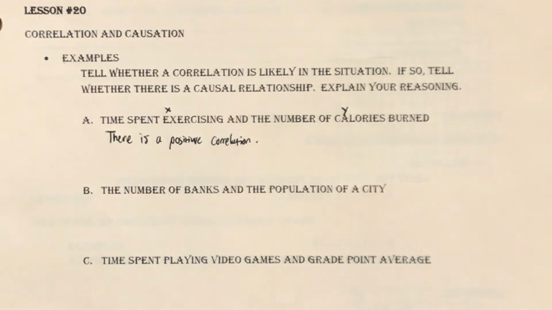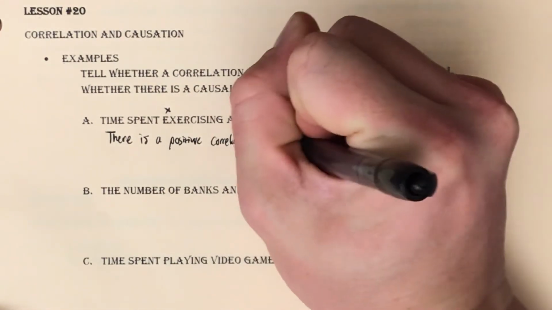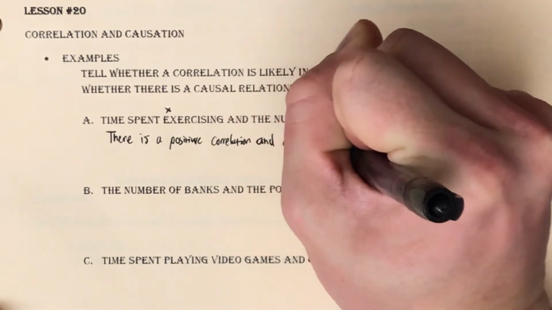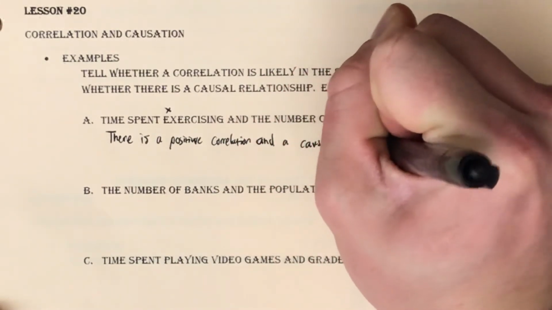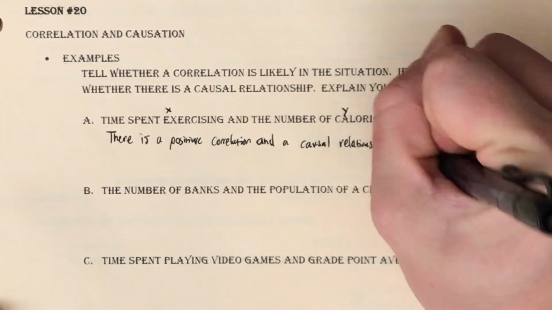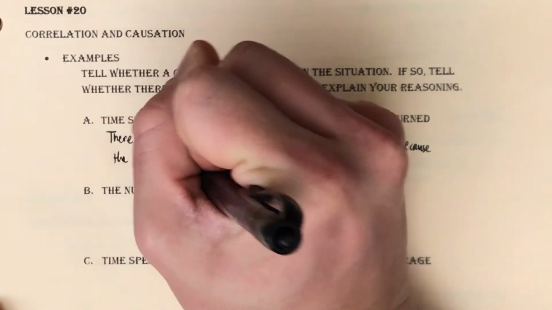And so there is definitely a causal relationship there. So I would say something to the effect of there's a positive correlation and a causal relationship, because they've asked us to explain our reasoning, because the more minutes I spend exercising, the more calories I burn.